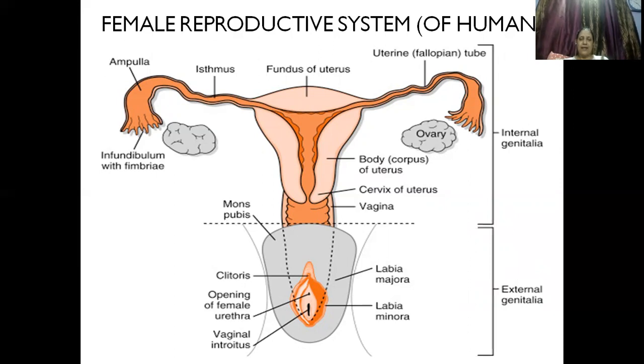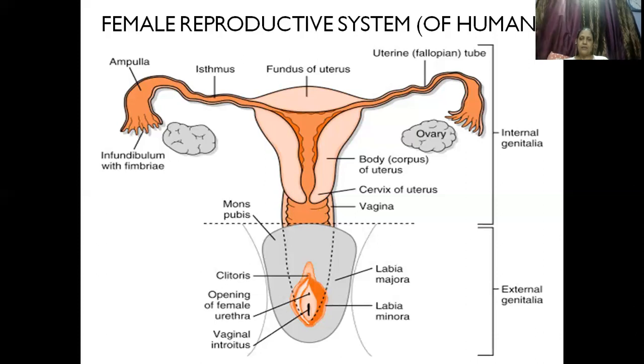If that egg gets fertilized with the male sperm, then the zygote is formed, the embryo has been formed, and that embryo travels down into the uterus and gets attached to the wall of the uterus, and the pregnancy sets in.